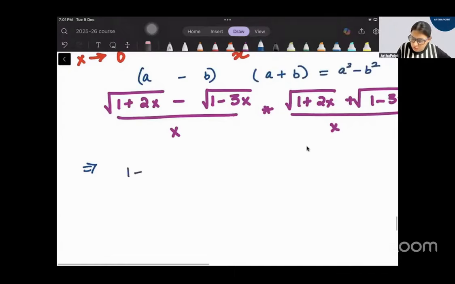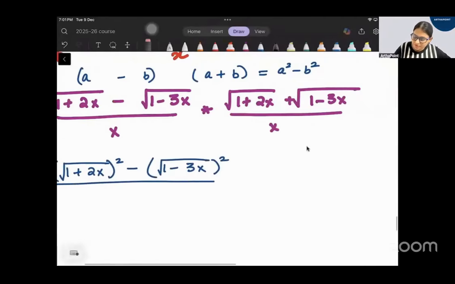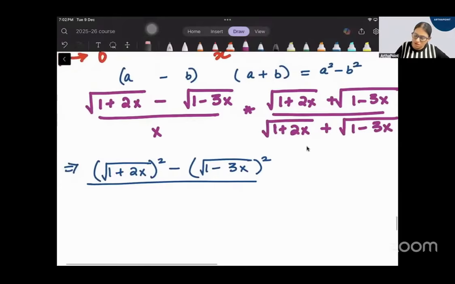So we get 1 plus 2x under root whole square minus 1 minus 3x under root whole square upon, sorry, my bad, why I have written x here. This will be 1 plus 2x under root plus 1 minus 3x under root. Okay, so my denominator will be x times 1 plus 2x under root plus 1 minus 3x under root.